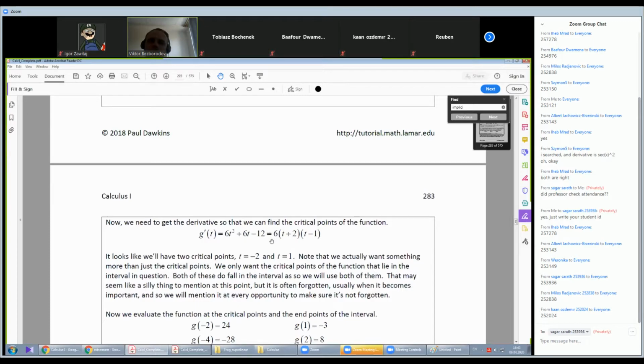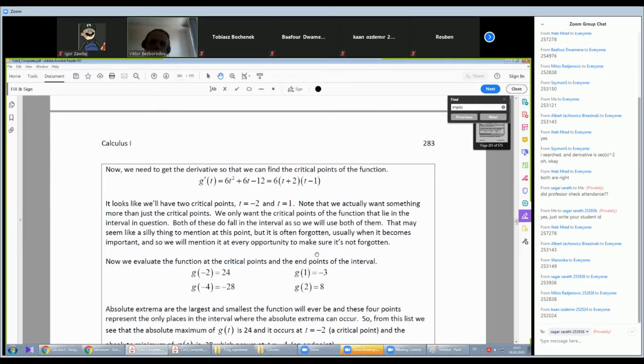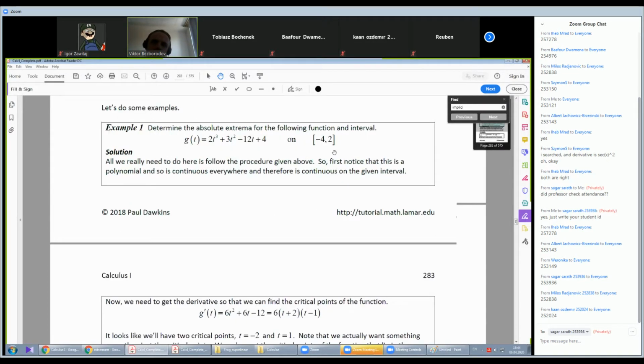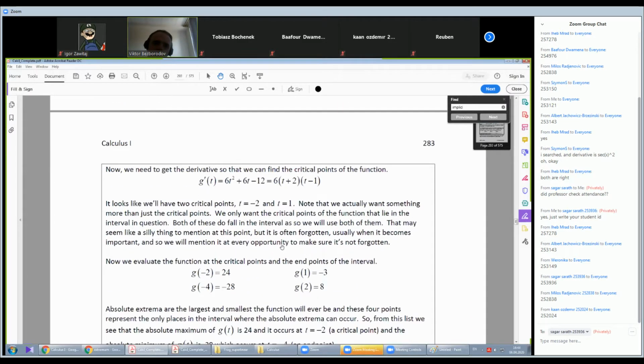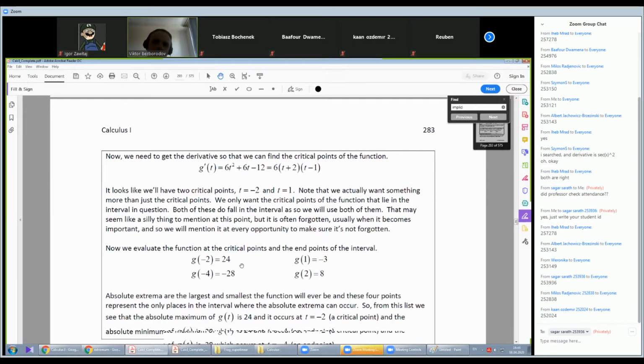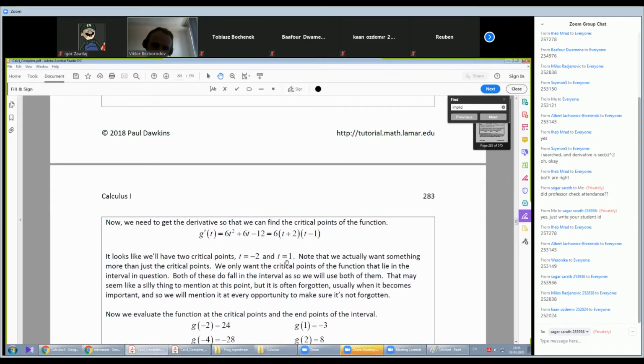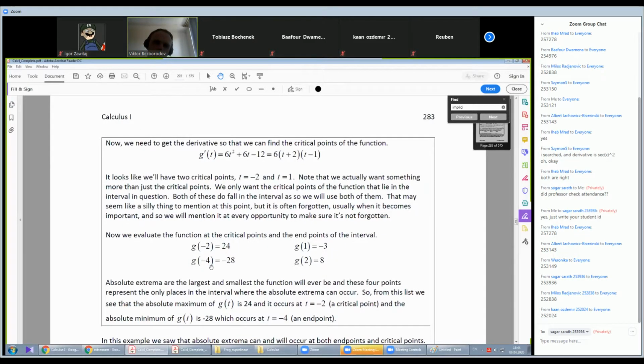So we see that the derivative exists everywhere, but the critical points are -2 and 1, right? And they of course lie within our interval here. Then we evaluate the values of the function at every critical point and on the boundaries. So -4, 2, -2, 1.